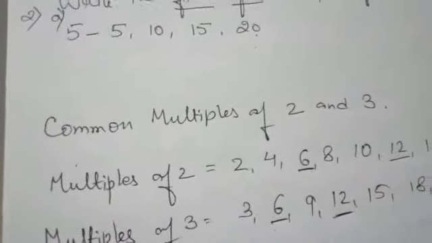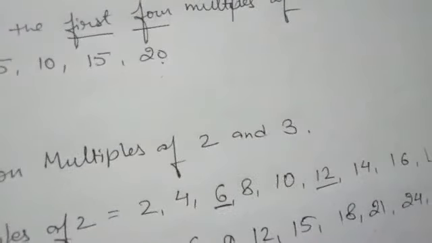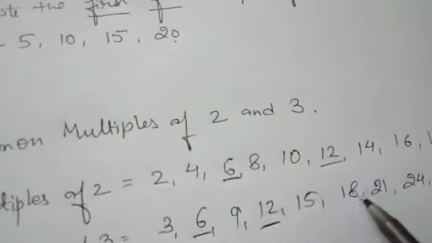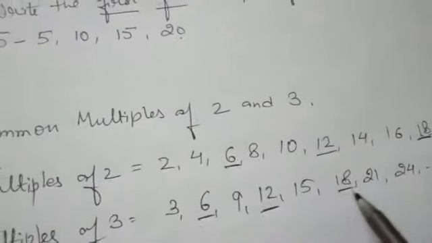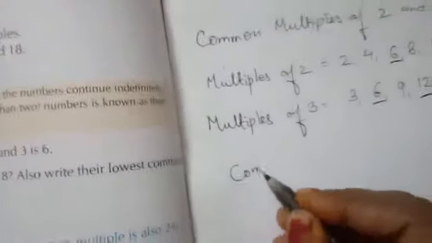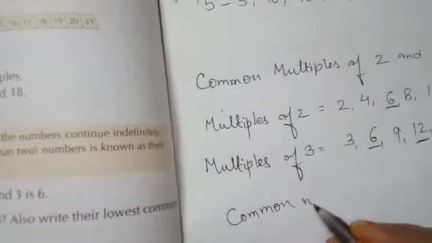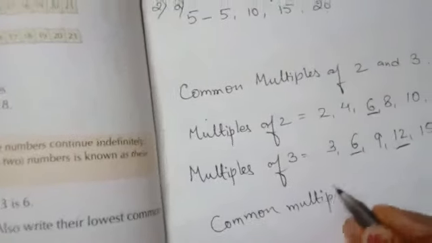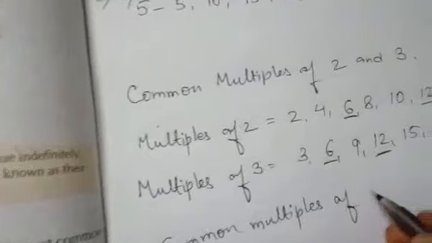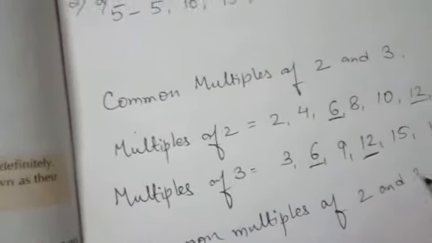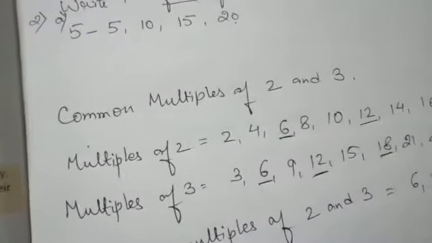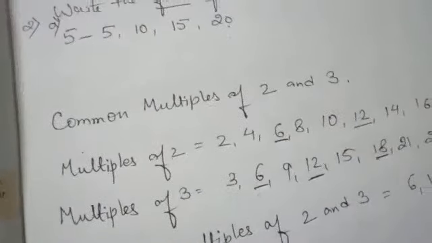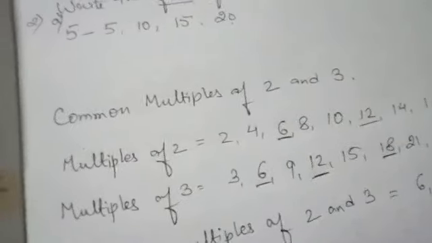So these two are common. If we take it one more time, 18, so we can get another number like 18. 18 is here, 18 is also here. So common multiples of 2 and 3 equals 6, 12, 18 and it will go on.